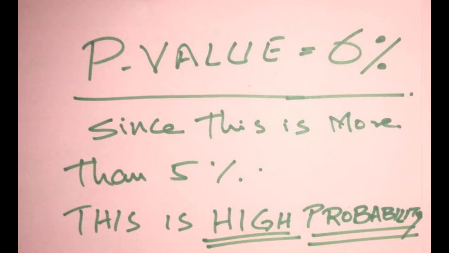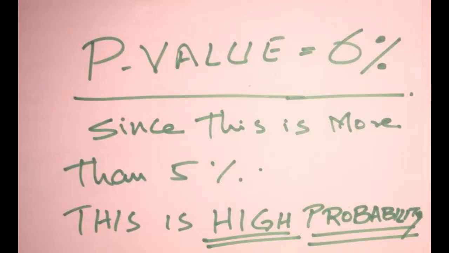More than the 5% acceptable value. That means it was normal for this process that people will get less than 60%, because 6% we consider as a high probability. Why do we consider 6% as a high probability? Because it is more than 5.